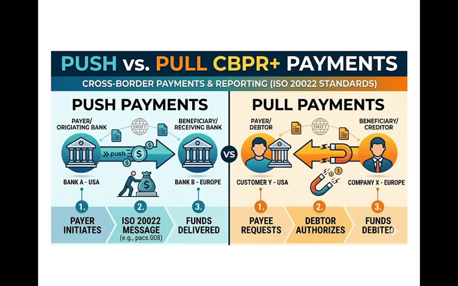CBPR Plus implementation context, migration. Deadline: the coexistence period ends in November 2025, at which point ISO 20022 becomes the mandatory standard for SWIFT cross-border payments.